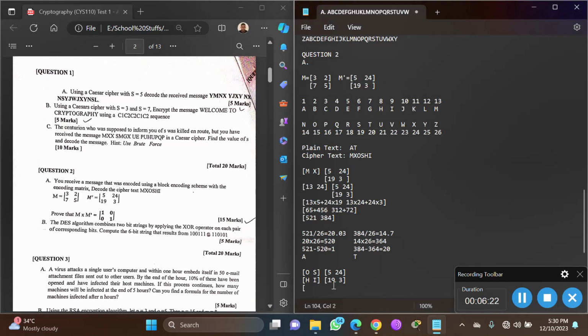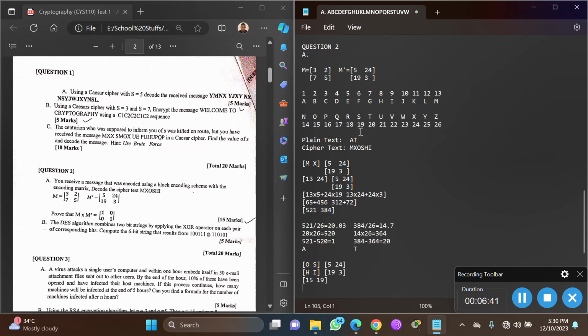So we need to find out the position for O. For O, as we can see here, it's represented by 15. So we'll say 15, then a space. S is represented by 19. Then H is represented by 8. Then a space, I is represented by 9.